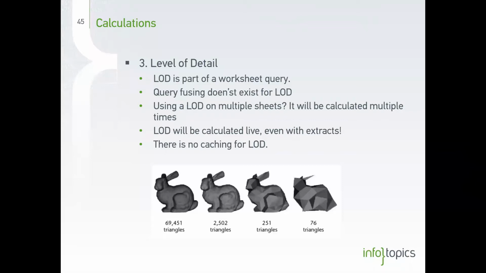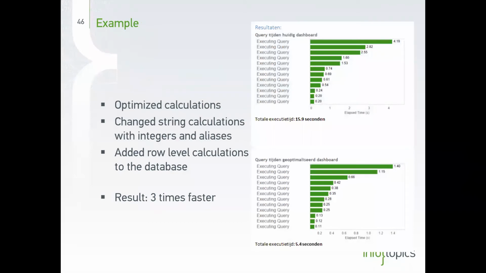So a level of detail and a little execution, a little example. We did these calculation tips and tricks with one of our dashboards at a customer. And in the upper image, you have the performance monitor. We use it to analyze the queries. The slowest query was around 4 seconds, and the fastest around 0.2 seconds.